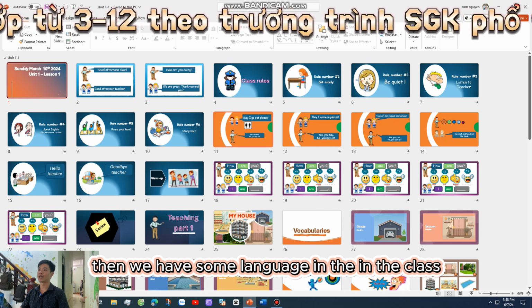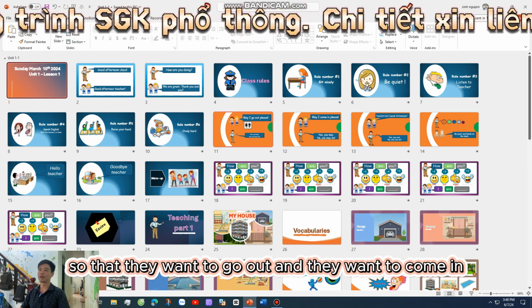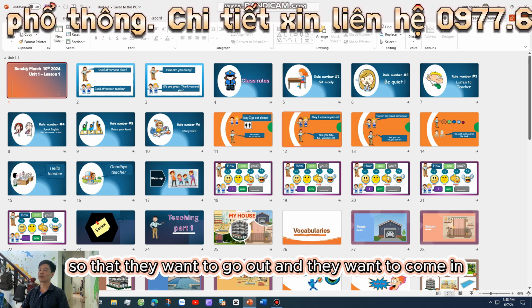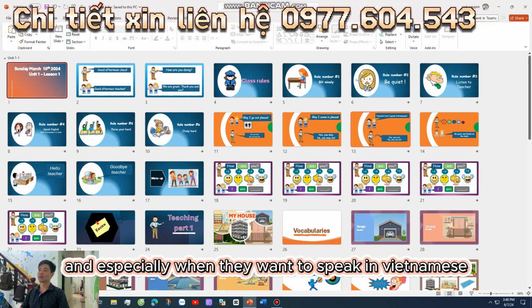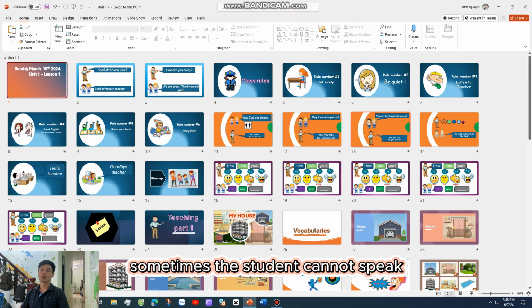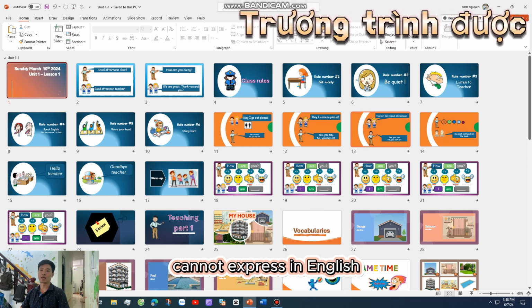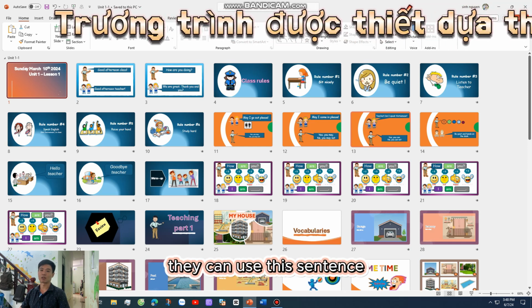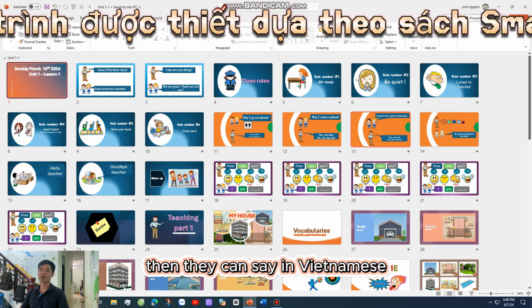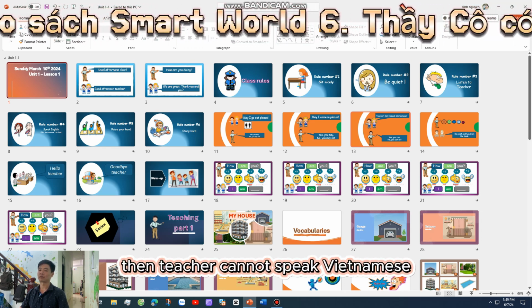Then we have some classroom language, for when they want to go out or come in, and especially when they want to speak Vietnamese. Sometimes students cannot express themselves in English. They can use this sentence, and then they can say it in Vietnamese, because the teacher cannot speak Vietnamese.